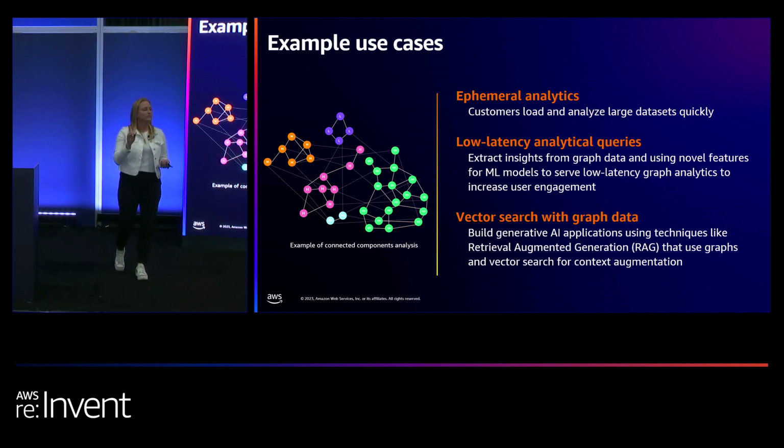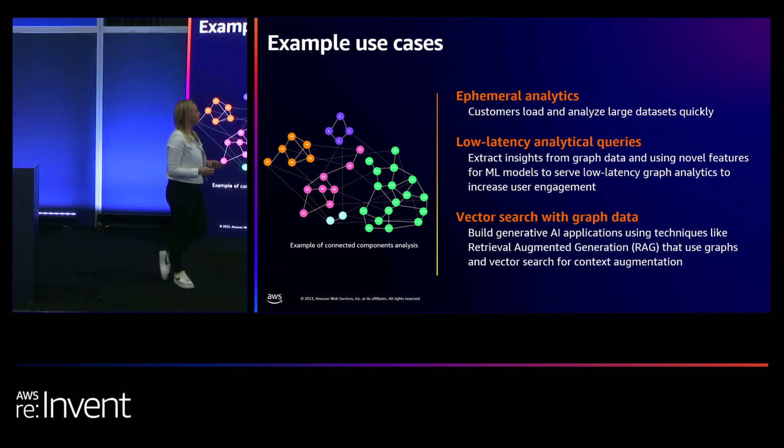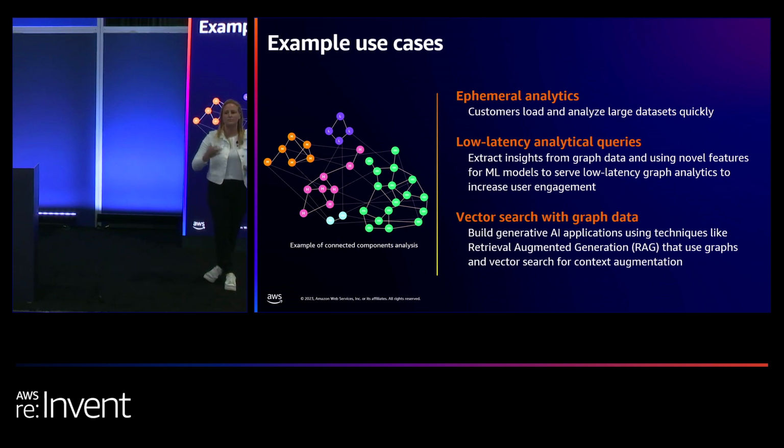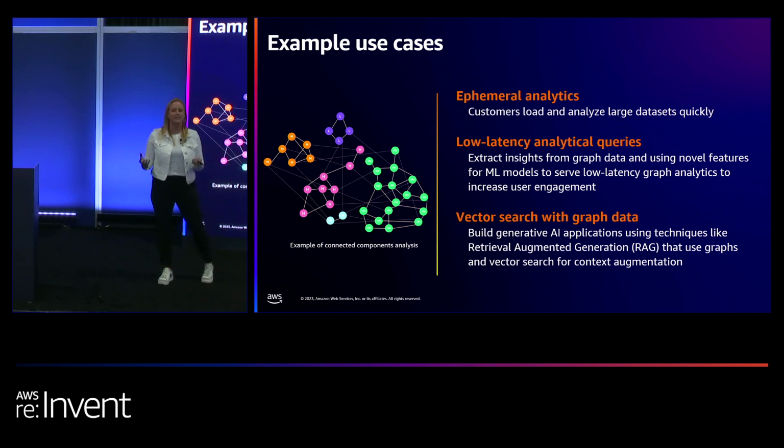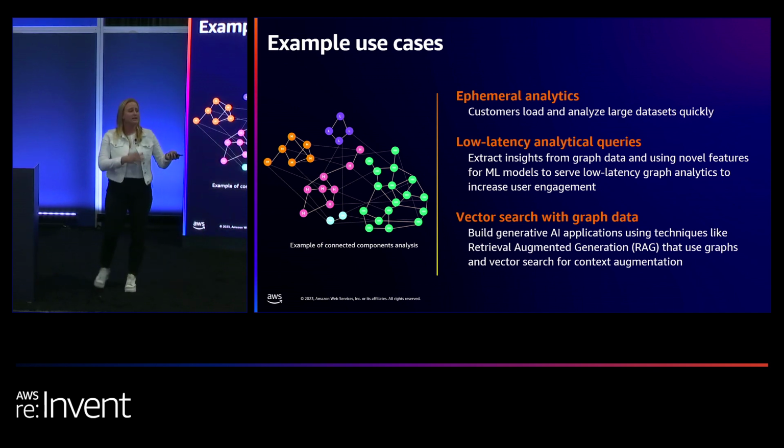To get started, the most popular way that customers are wanting to use Amazon Neptune Analytics is for their ephemeral graph loads. You can imagine a data science team that might have a one-off process that is building custom infrastructure, running custom code to run an algorithm and then get insights about your data. Amazon Neptune Analytics is a really great way to spin up a graph, load your data very fast.